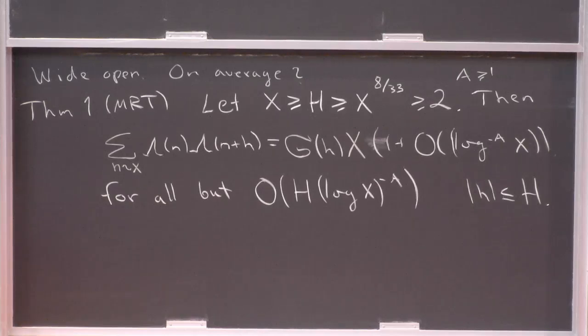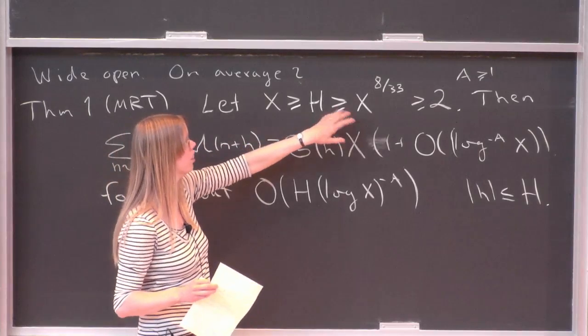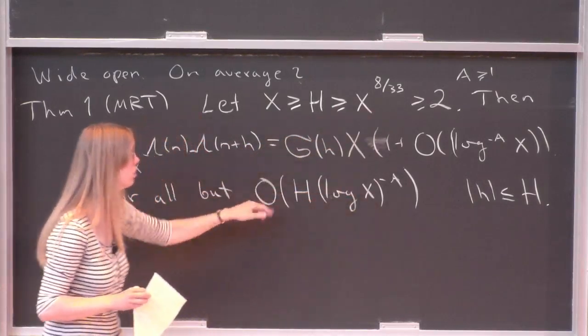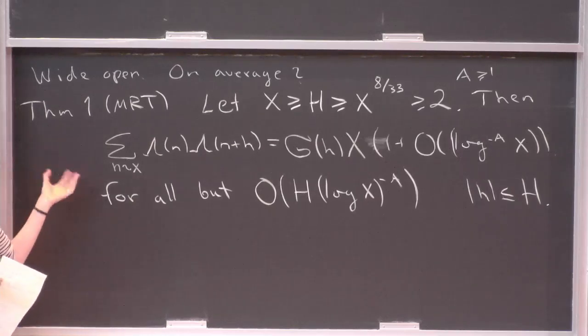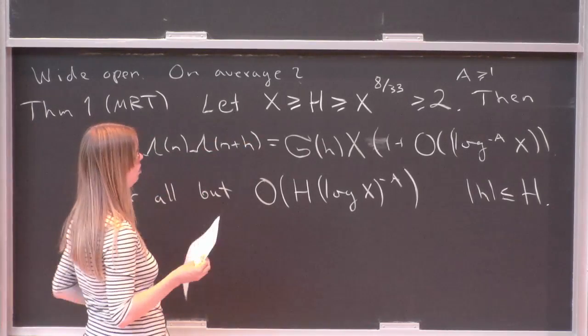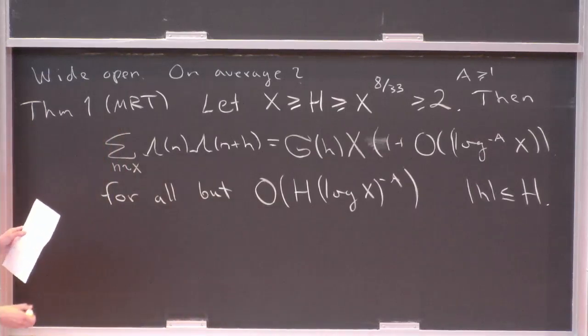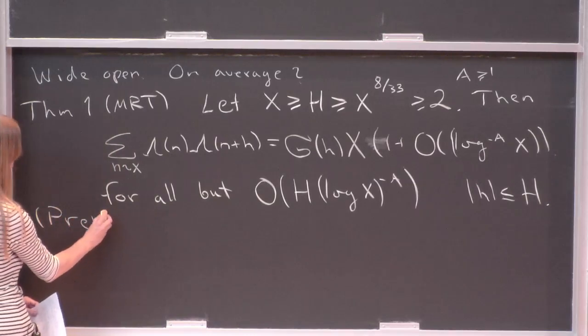For the Liouville function, we were earlier able to do this for any capital H tending to infinity with x, so we had a much shorter average over h. But anyway, we can show that the Hardy-Littlewood conjecture holds for almost all h in a reasonably short range. Let me mention the previous result for comparison.